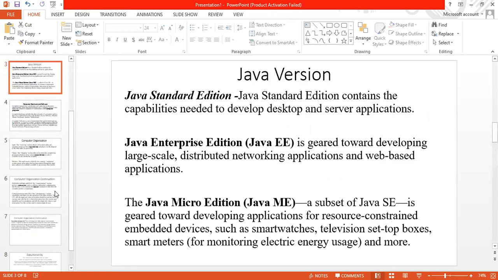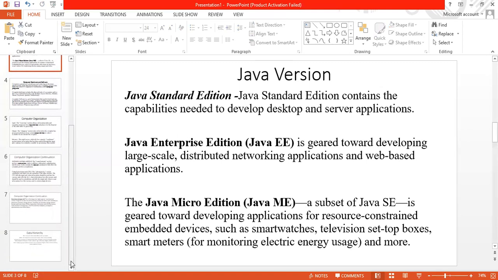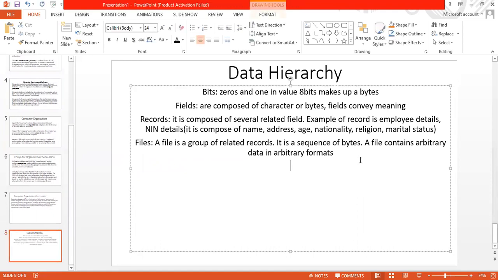So when I group all these together, they make up a file. So a file is a group of related records. It is a sequence of bytes. Don't forget, I've explained what a byte is to us: 8 bits make up a byte.